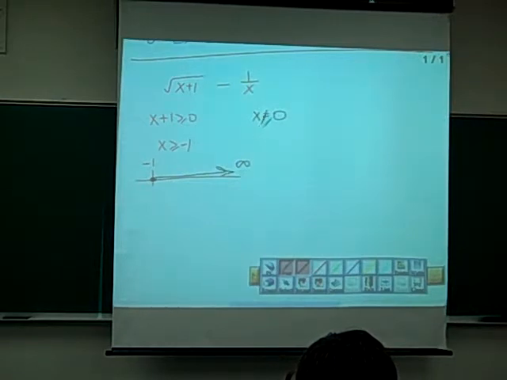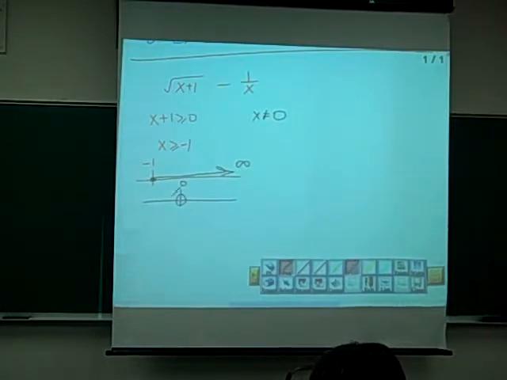So now here's the other number line at 0. Is that going to be open or closed at 0? Open. And we can go to negative infinity one way, positive infinity the other way.